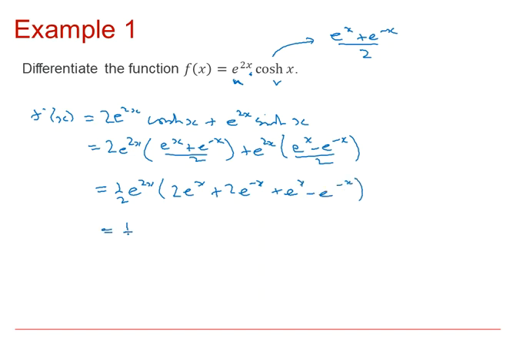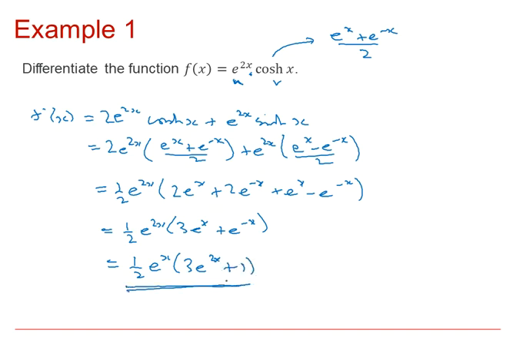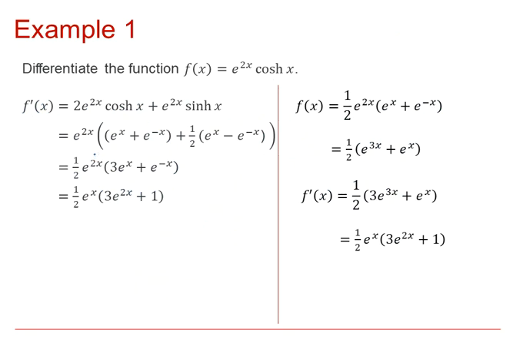So now collecting like terms gives us a half e to the 2x, 3e to the x plus e to the minus x, and that can be written in a slightly neater form of e to the x. If I take one of the exponentials inside this bracket, I get 3e to the 2x plus 1. So here we used careful use of the product rule in order to differentiate e to the 2x times cosh x and to get to this version of the answer.